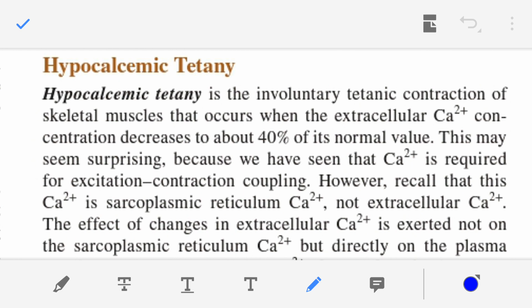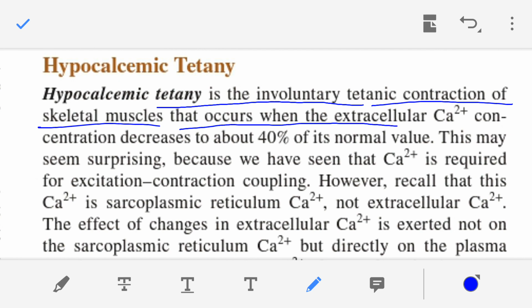Tetany is the involuntary tetanic contraction of skeletal muscle that occurs when the extracellular calcium concentration decreases to about 40% of its normal value. So the reason why tetany is occurring in the patient is the involuntary tetanic contraction of skeletal muscle.